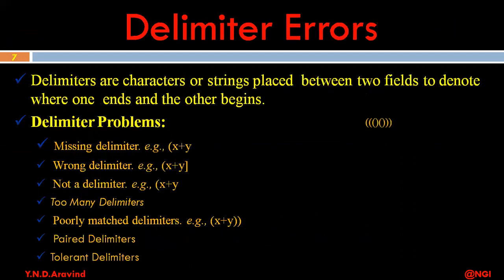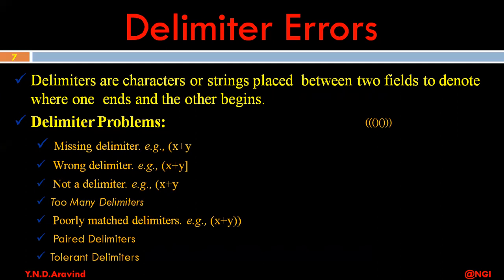Now the fourth one, delimiter errors. Delimiters are the characters or strings placed between two fields to denote where one ends and the other begins. Delimiter problems are an excellent source of test cases, so it pays to identify the delimiters and the rules governing their syntax.